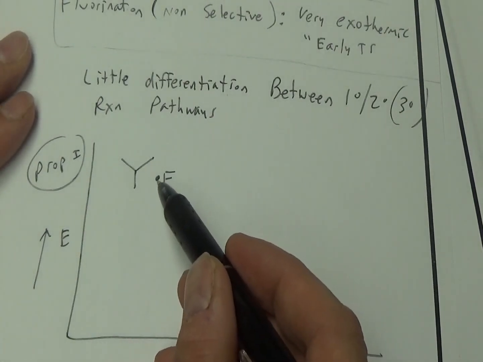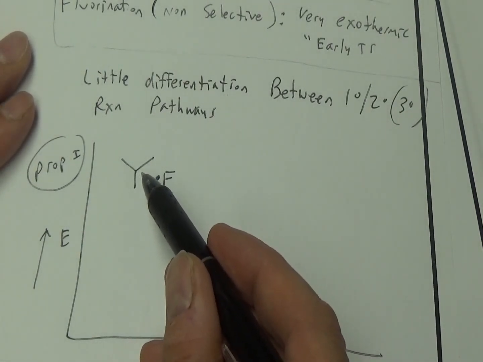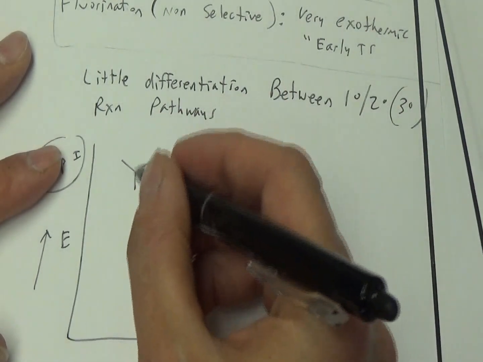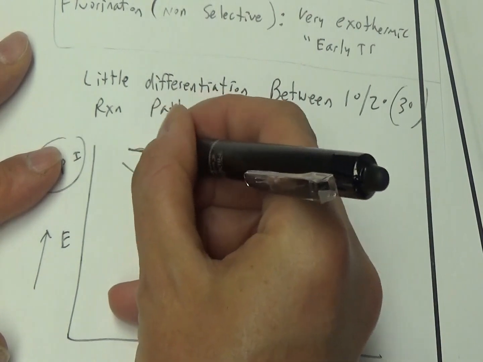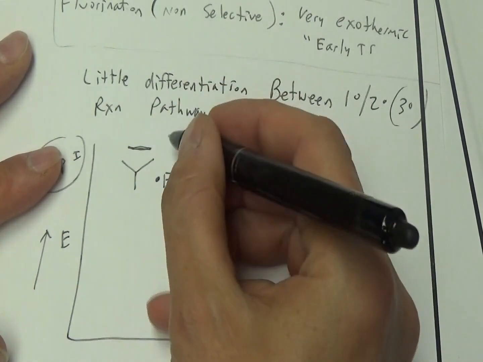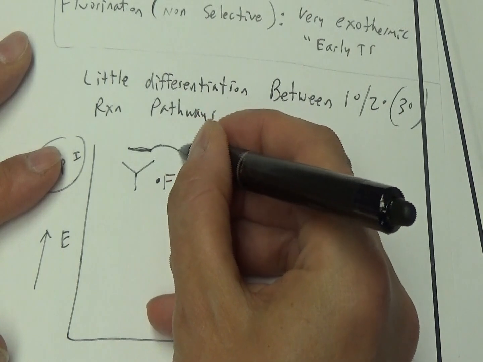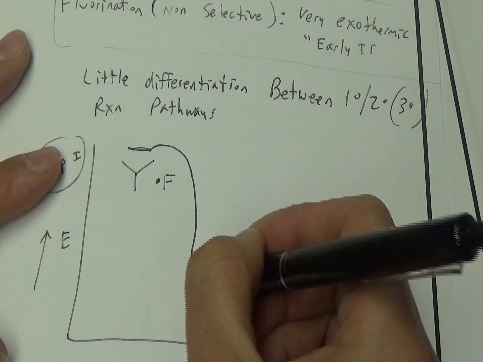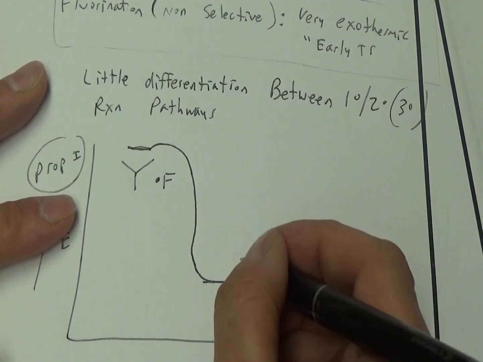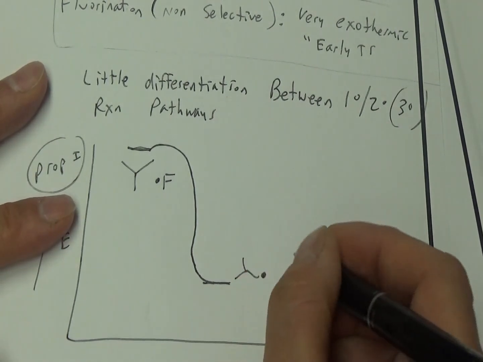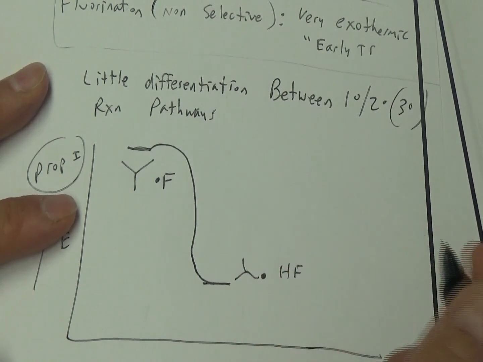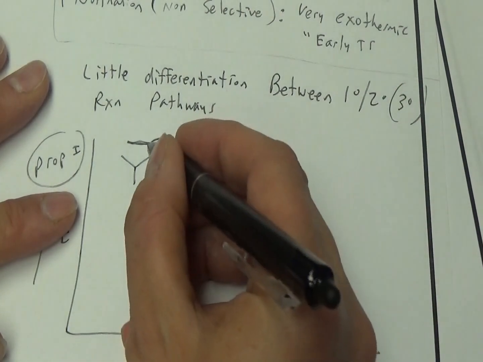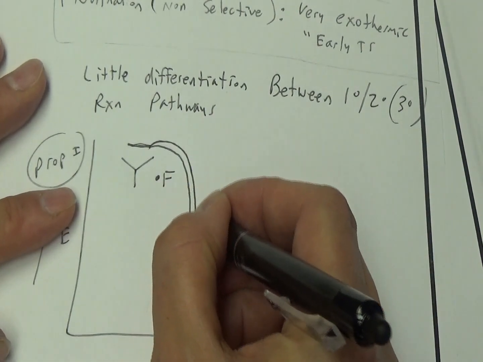Fluorine atom can either rip off the tertiary hydrogen or the primary hydrogen. So this is kind of like the beginning of the energy diagram. This is going to be the higher energy one, which is the primary. And then you form HF, right? It can either rip off the primary one, or it can rip off the tertiary one.